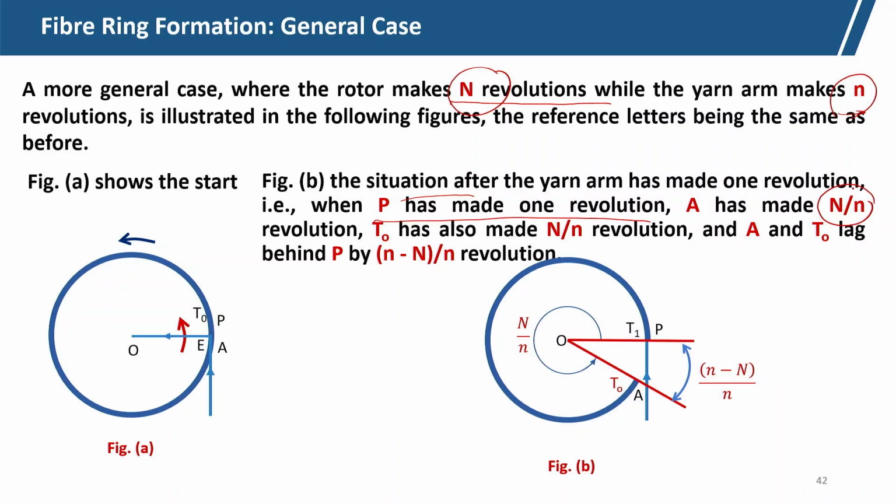Capital N is the rotor revolution and small n is the yarn arm revolution. So, n by N revolution A has made, and T0 has also made n by N revolution, and A and T0 lag behind P by N minus n by N. So, N minus n by N, that much it is lagging.